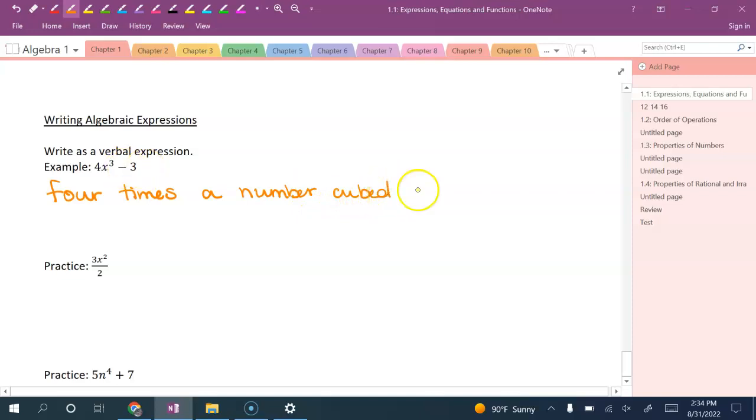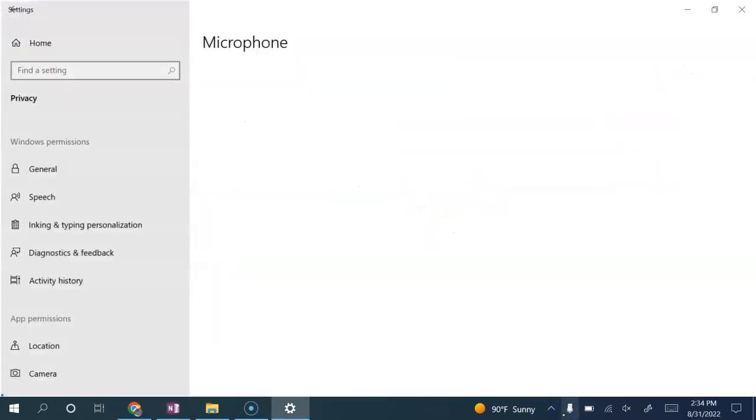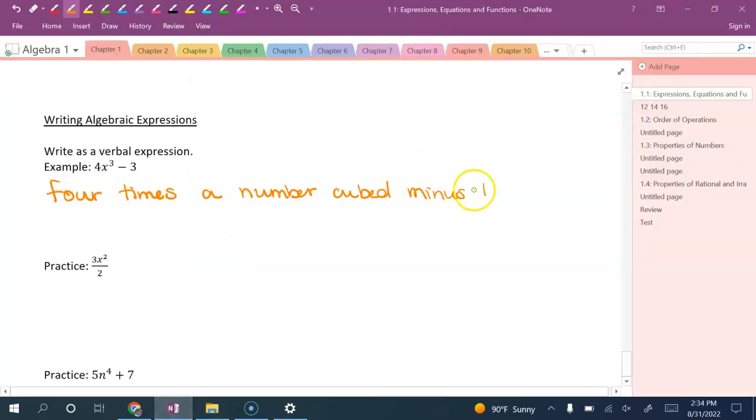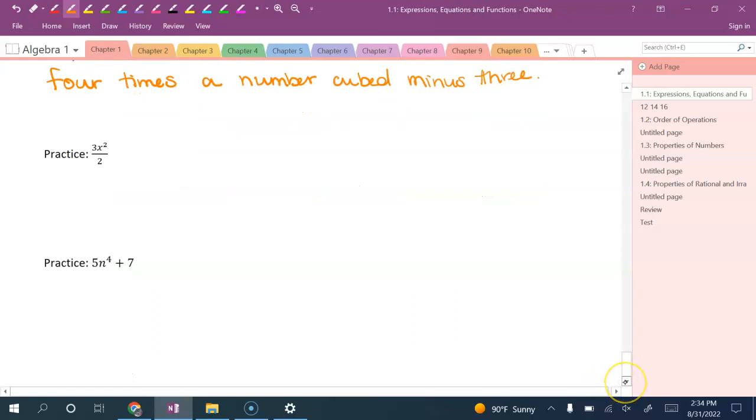And then minus 3. So I'm taking that expression and I'm writing it out verbally as a sentence. So I want you guys to do the same thing with the practice problems there.